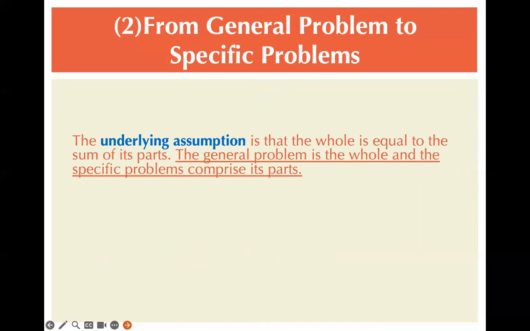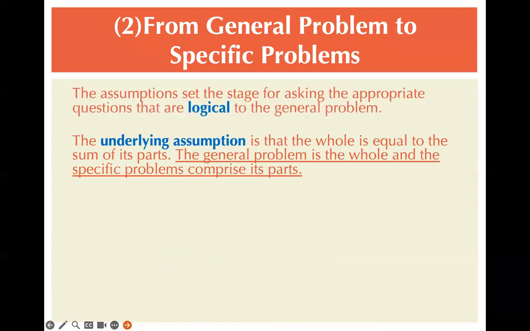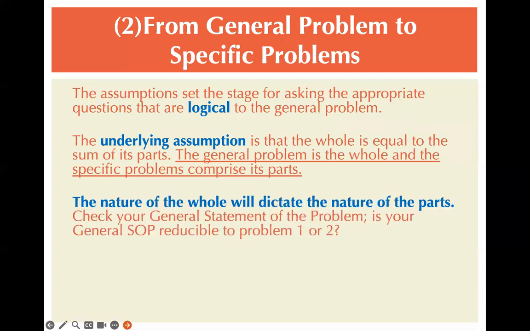That's the principle. So the general problem is the whole, and the specific problems comprise its parts. The assumption sets the stage, of course, for asking the questions that are logical. So the nature of the whole will dictate the nature of the parts.